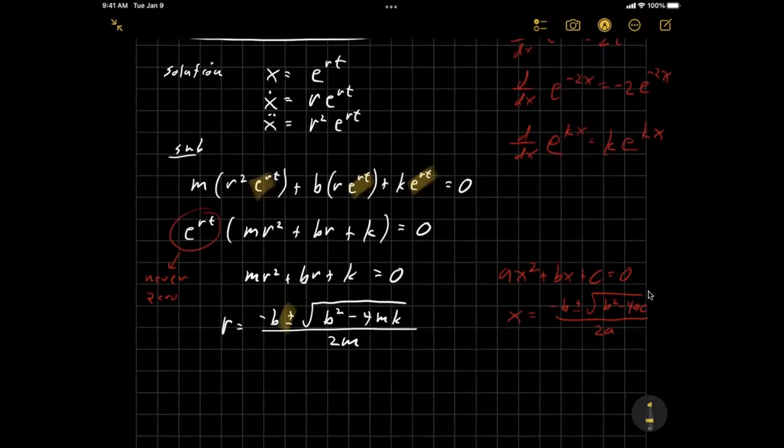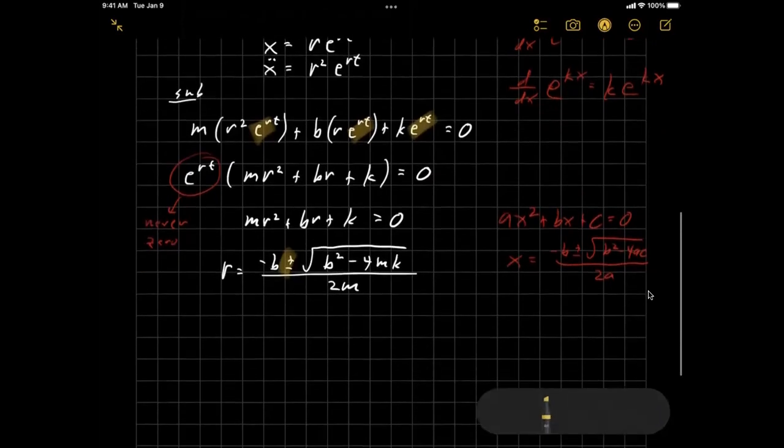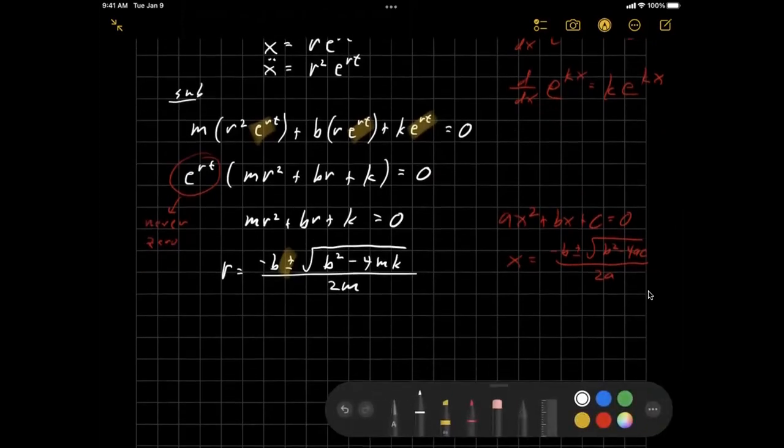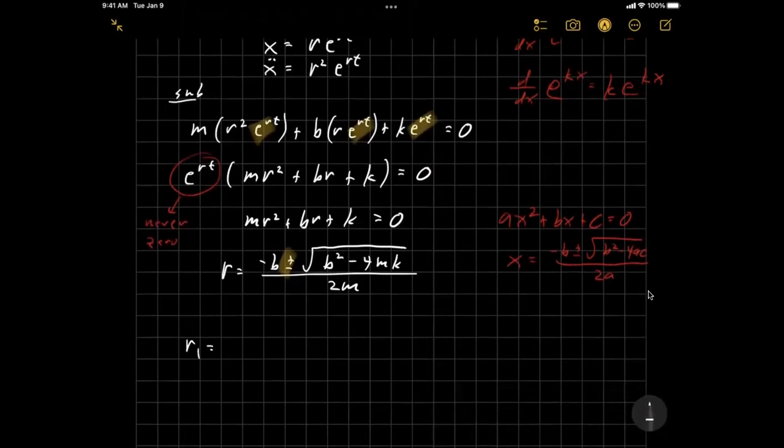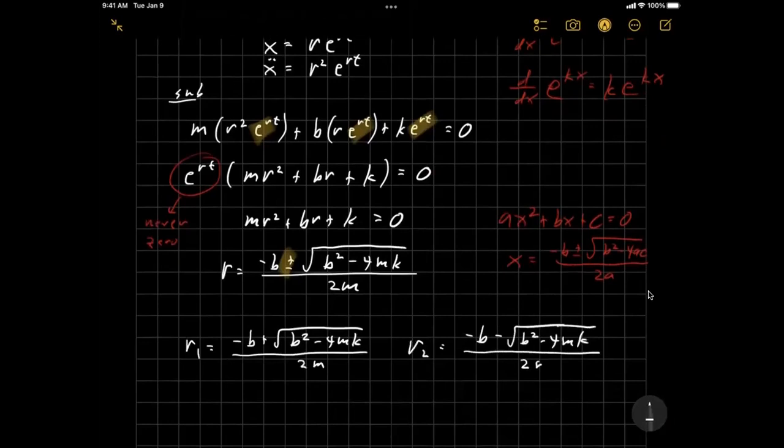So r1 would be negative b plus the square root of b squared minus 4mk all over 2m, and r2 is negative b minus the square root of b squared minus 4mk all over 2m. Now, in the theory of second order differential equations, that just means there's a second derivative. There are always two solutions.